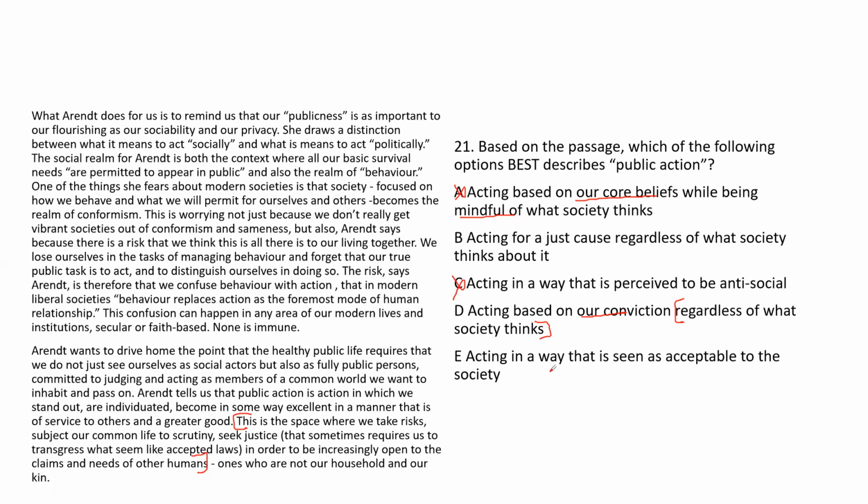Option E, acting in a way that is seen as acceptable. So acceptability is not the criteria. Out of B and D, the best answer is option B because here the concern is a cause, not conviction. What I believe is one thing, but it has to relate to a cause, not the conviction of a person.